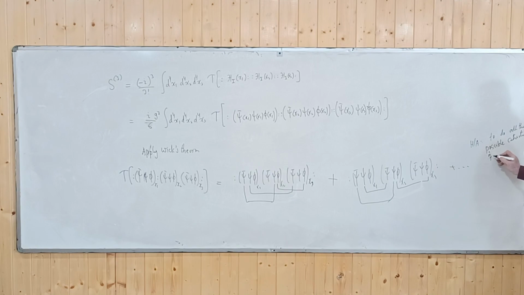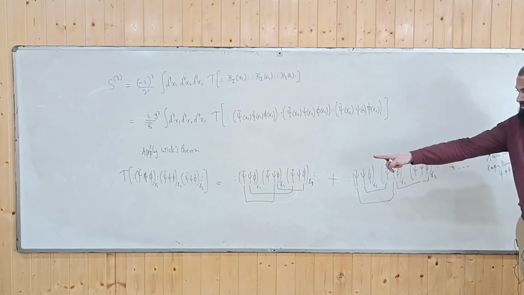I mean 3 pairs, keeping 3 fields, psi bar, psi and phi, as such. So take psi bar, psi and phi, keep them as such, and for the rest you do all the possible contractions. Okay, and check how many are there.